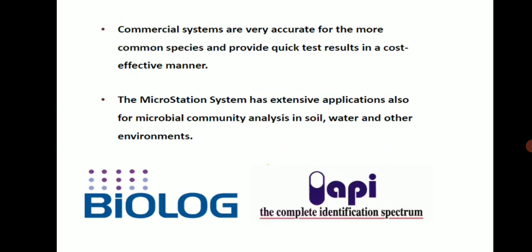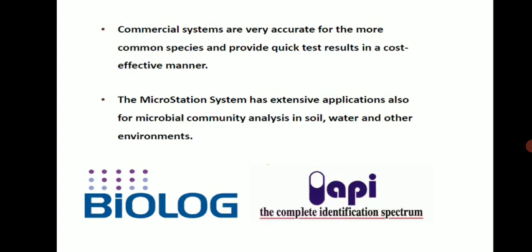So commercial systems are very accurate compared to traditional systems. They are used for detection of more common species, and they provide quick test results in a cost effective manner.